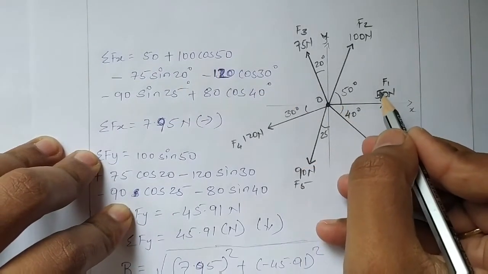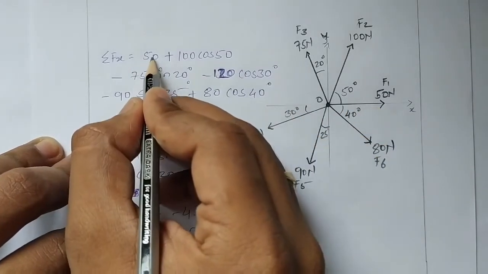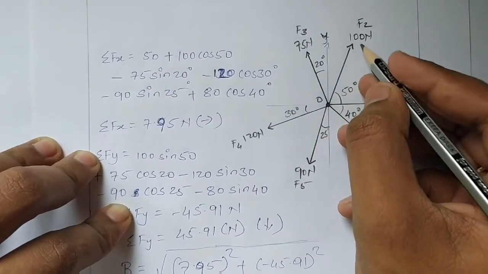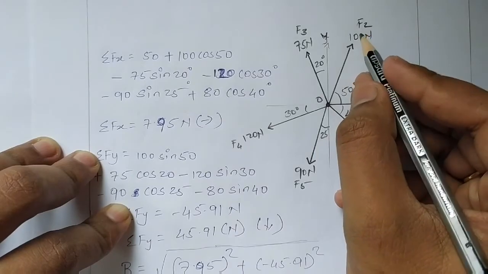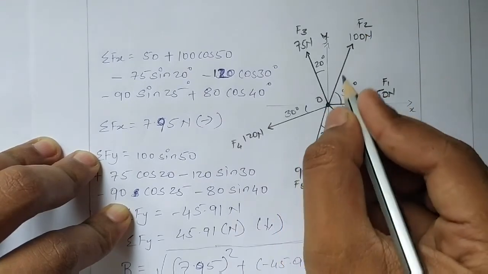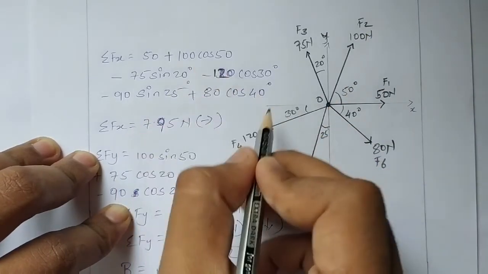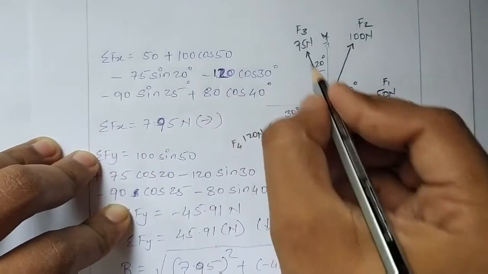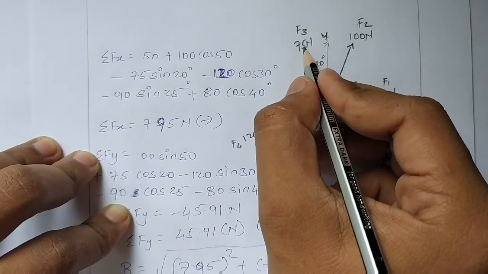Here F1 is a pure horizontal force, that is 50. Then the second force, 100 Newton, we have to resolve to the horizontal component, that is 100 cos 50 in positive direction. Then the third force, 75 Newton.